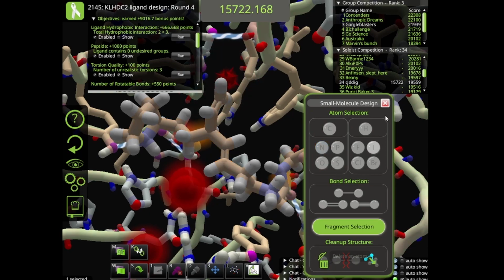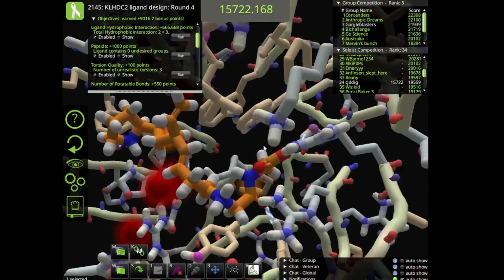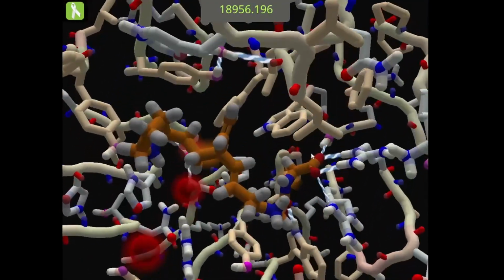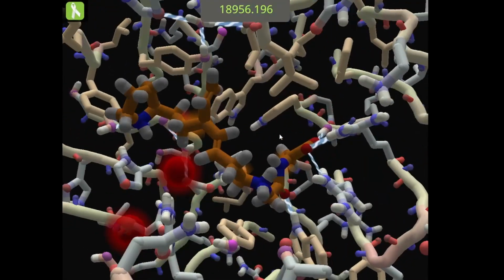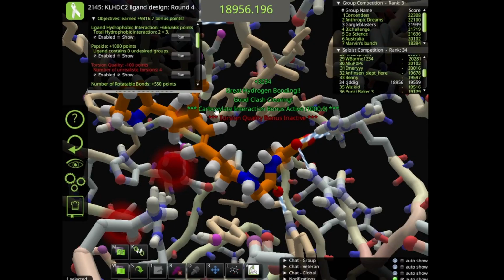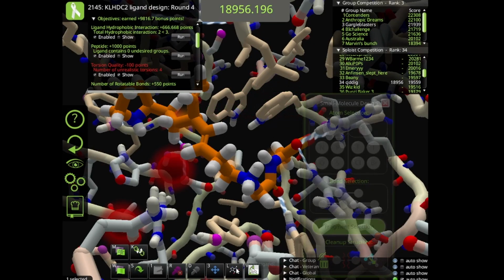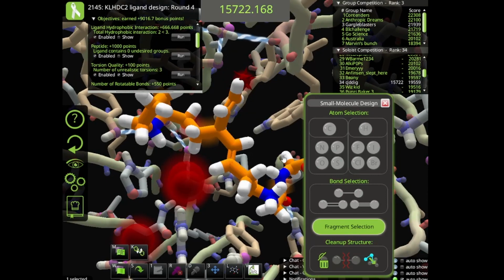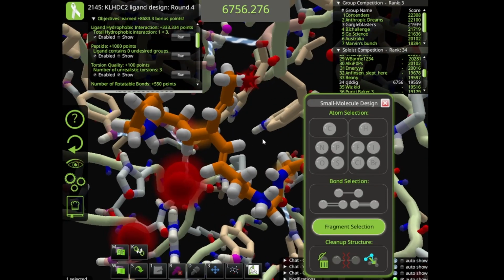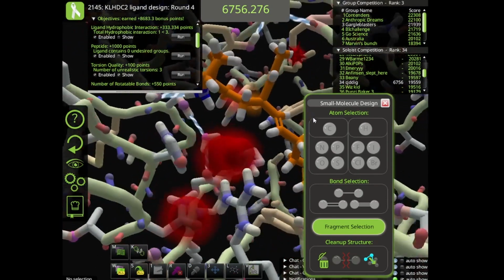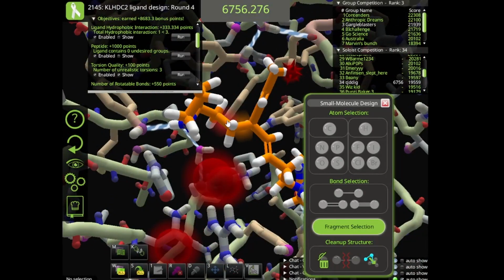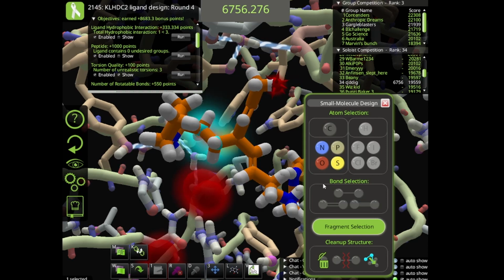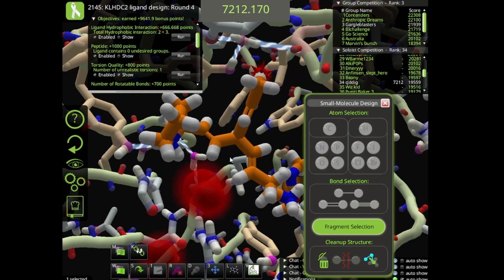Maybe I can remove this carbon. This still has unrealistic torsions. This is critical. Oh.